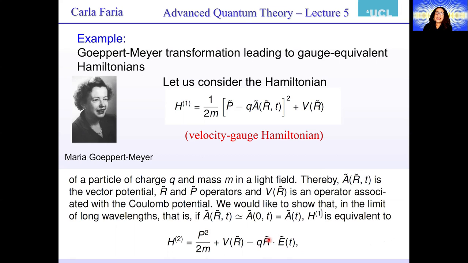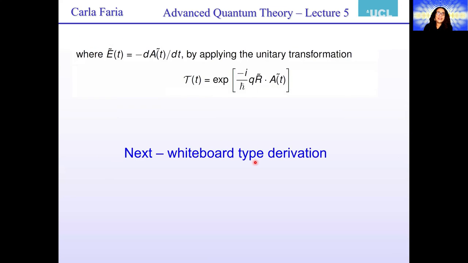This is a velocity gauge Hamiltonian, as it is known, and this is a length gauge Hamiltonian. This E is the electric field, which is minus dA/dt. If you apply this unitary transformation specifically, you can go from one gauge to the other, so these are what we call gauge equivalent Hamiltonians.